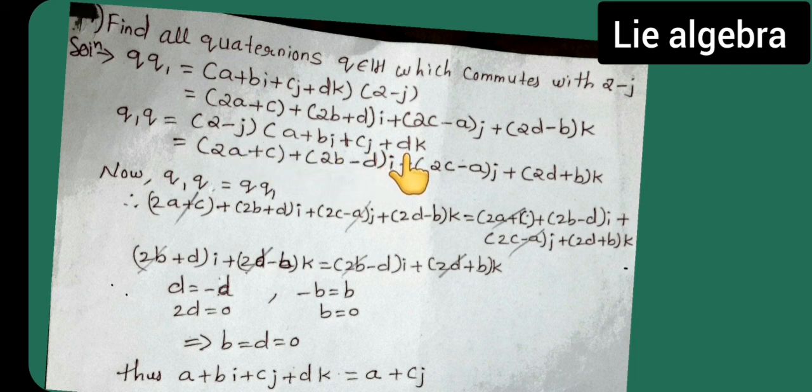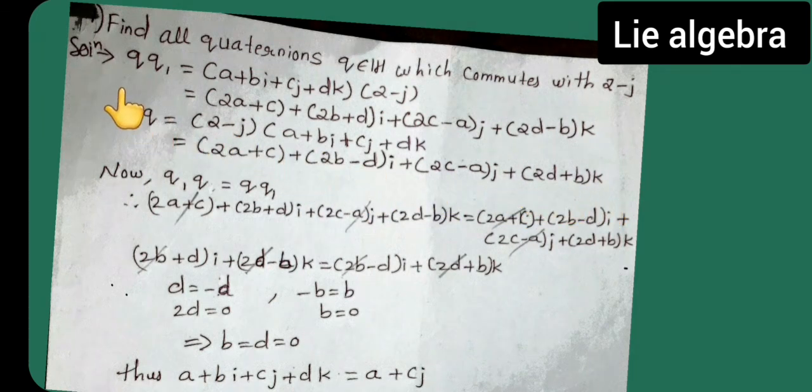Okay, j into k is what? j into k is i, which is positive, so the negative sign will remain, plus rest you are getting the same, 2c minus a times j, plus now this is my 2d plus b. Now j into i is what? j into i is minus k and this minus sign, so it will come positive.